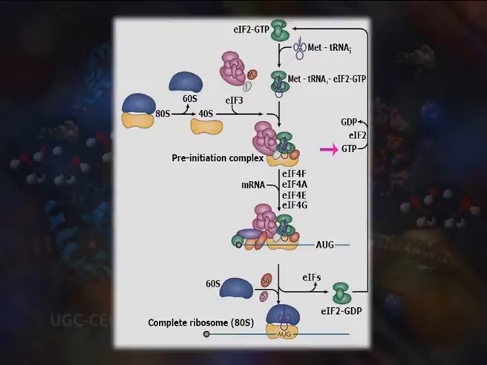It hydrolyzes GTP and signals for the dissociation of several factors from the small ribosomal subunit, which results in the association of the large subunit or the 60S subunit. The complete ribosome, that is 80S, then commences translation elongation, during which the sequence between the start and stop codons is translated from mRNA into an amino acid sequence. Thus, a protein is synthesized.